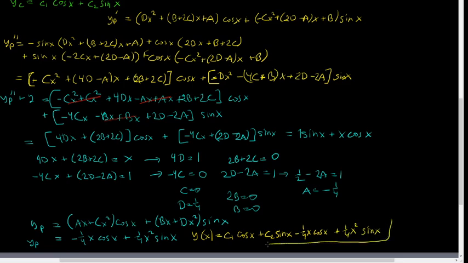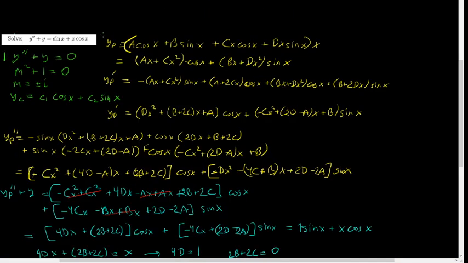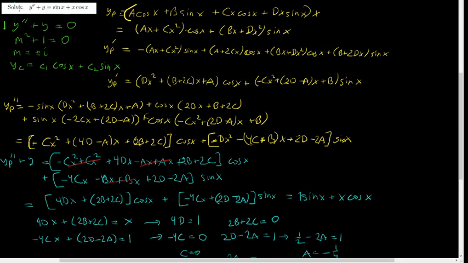Phew, that was a long one. And I hope I got it right. So I think that's right. If any of you find a discrepancy, or if you see I did anything wrong, let me know. But I think that solves the original differential equation.